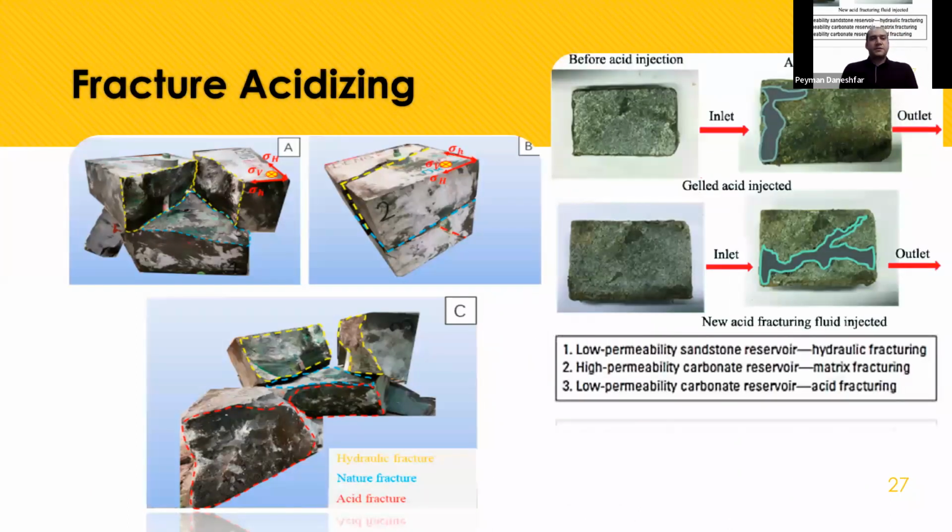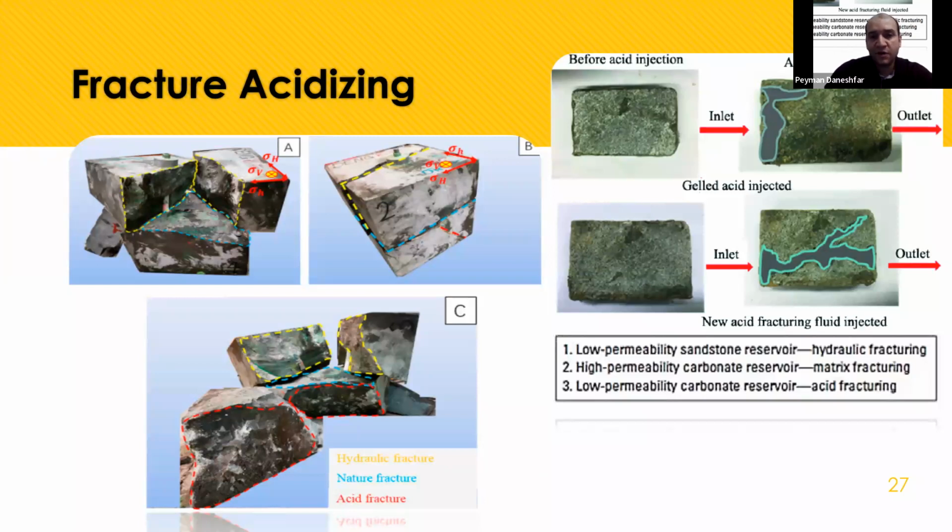And you can see my mouse here. The blue line here is for the natural fracture. But the orange or yellow one is for hydraulic fracturing.